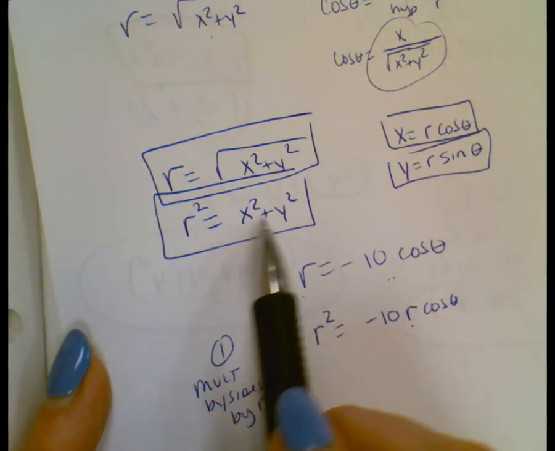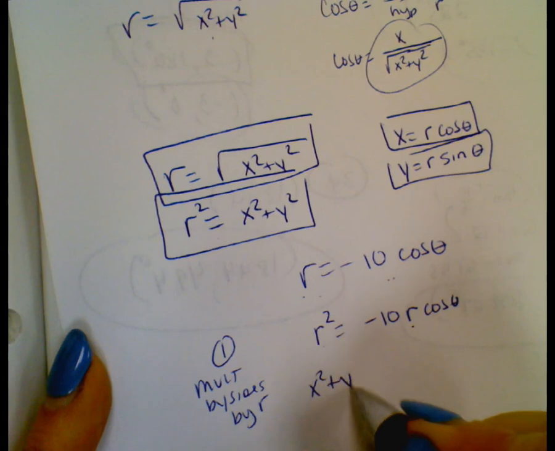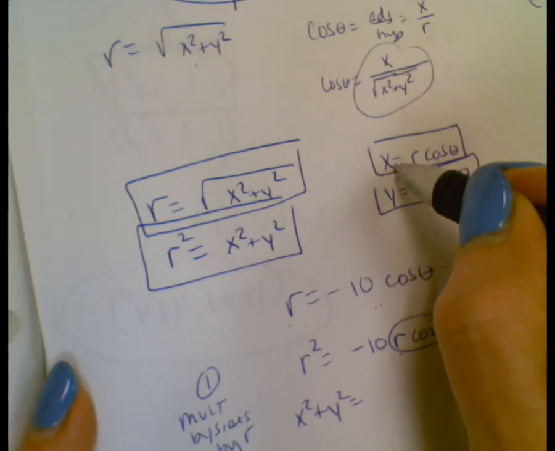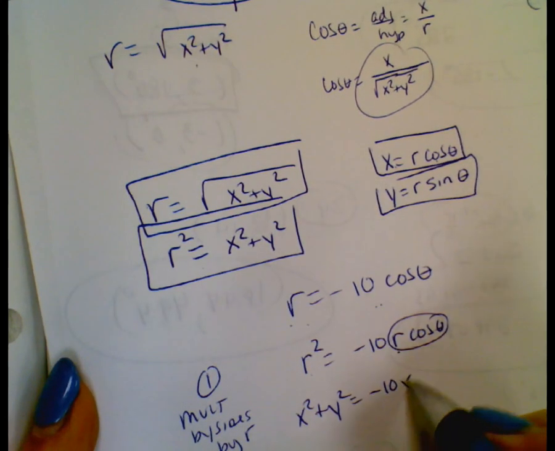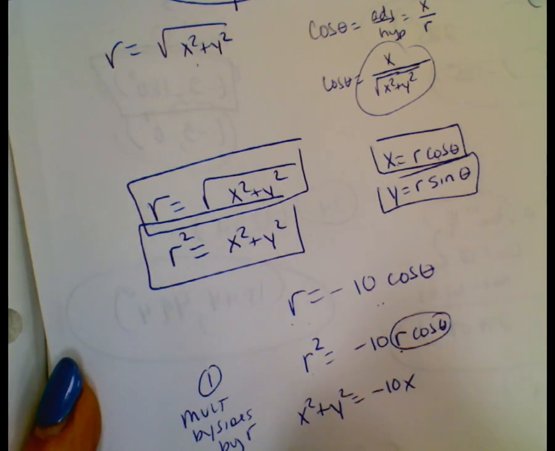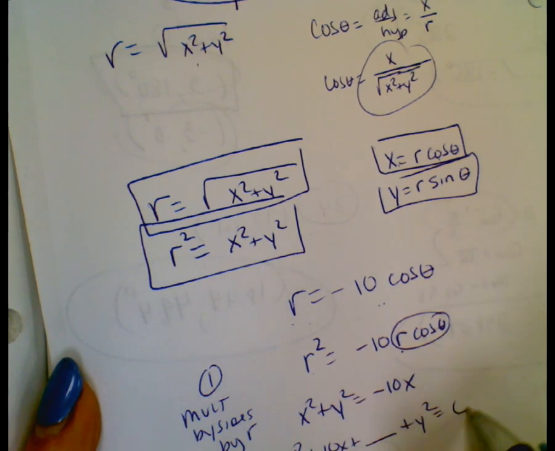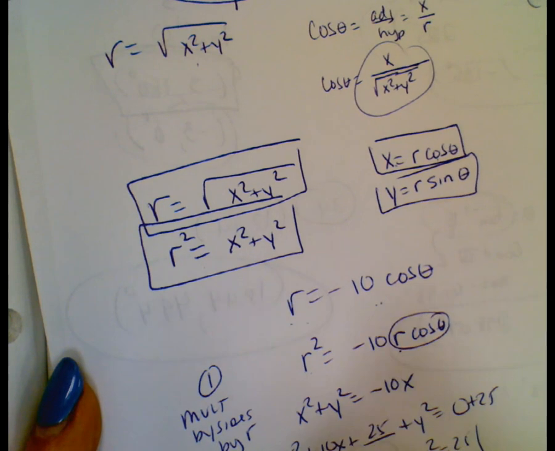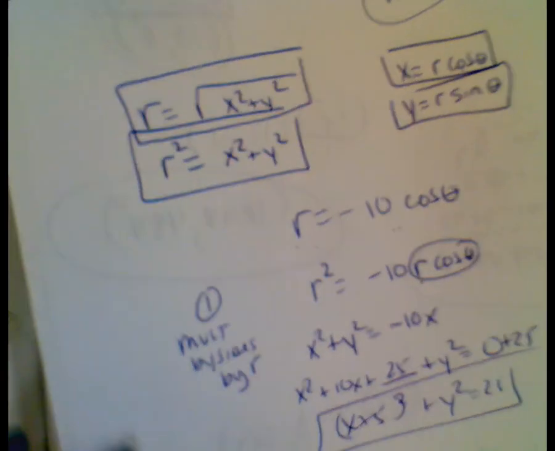Now r squared up here is x squared plus y squared. See this r cosine theta? That equals x. So this equals negative 10x. And then the rest of it's the same. I don't know if that helps you or not. Is that too hard? Up to you. Is this another way to get the same answer? Try it if you like it. If not, don't.